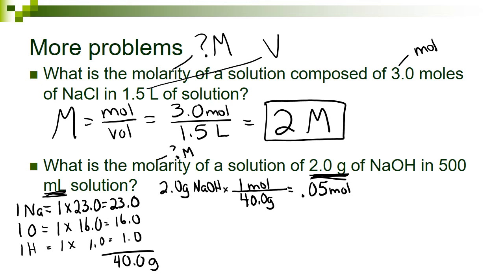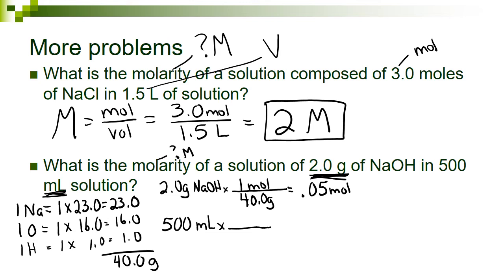Now the other thing, again, I was trying to be tricky. I told you that you have 500 milliliters, but you can't use milliliters. You have to change it to liters. Now I'm going to set this up like a unit conversion because when I was younger, and still today, I got confused. Which way do you move the decimal?